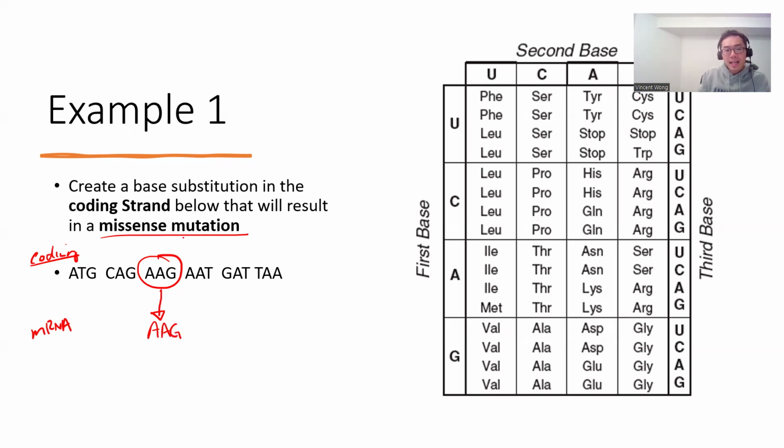So I want a missense mutation. The easiest way to do it is just change the first letter. If I change the first letter to C, CAG, then it's a missense mutation. We can look up AAG.